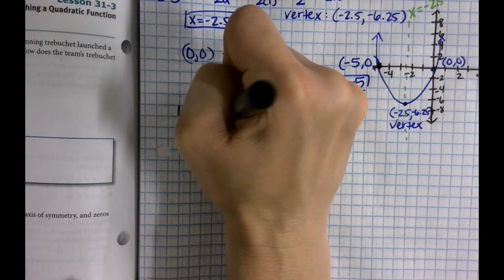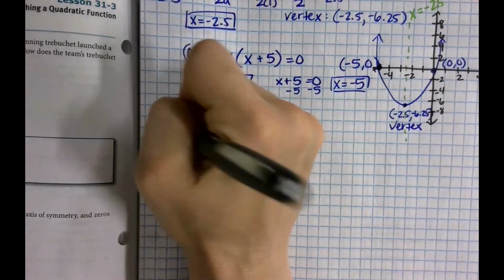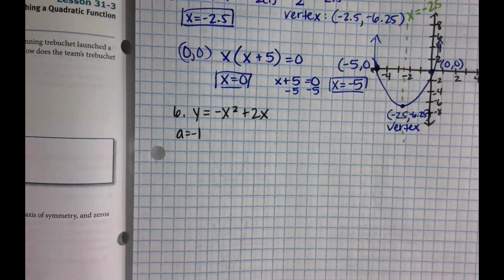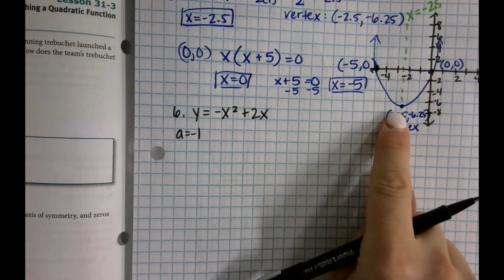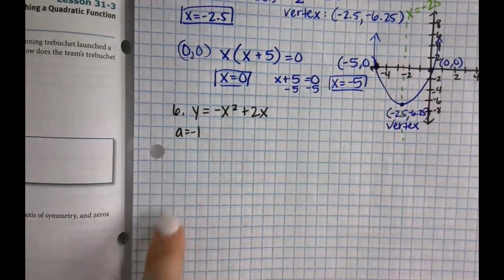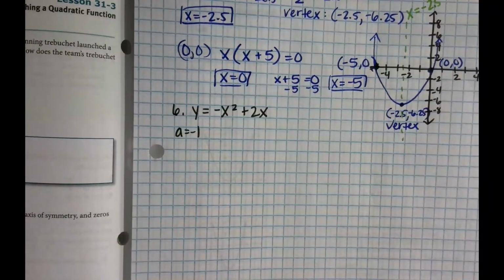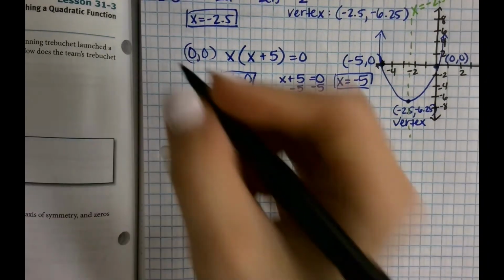So for number 6, y equals negative x squared plus 2x. So my a value is negative 1 now. A equals negative 1. So I know that when a is positive 1, it's this U-shaped. If it's negative 1, it's going to be the inverse of that, or a reflection of that.